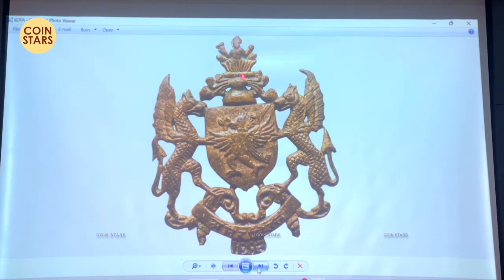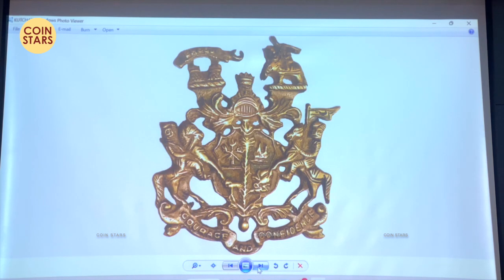Mataji on top here, and two mythological kind of horses here, and Hindu deity Garuda with wings about to fly. Next. Courage and confidence. This is from Kutch in Gujarat.